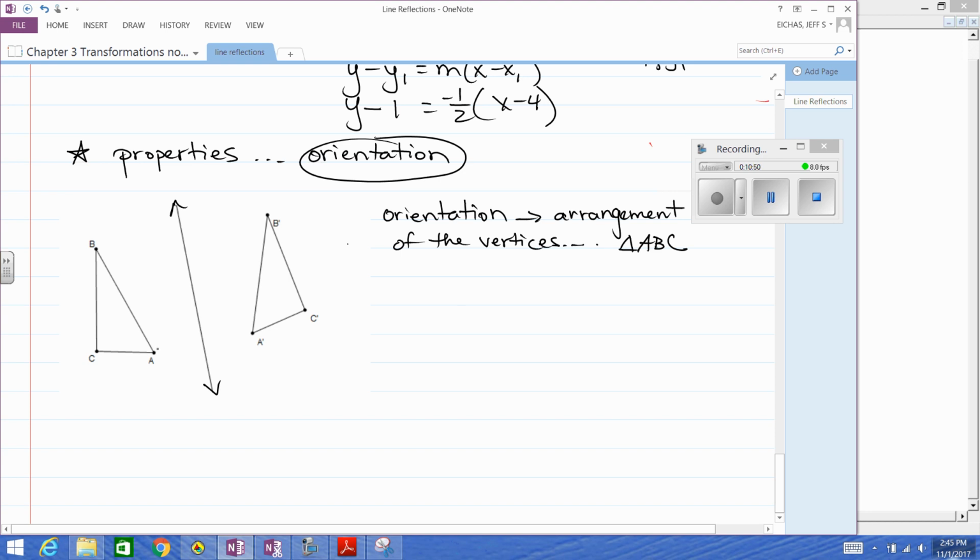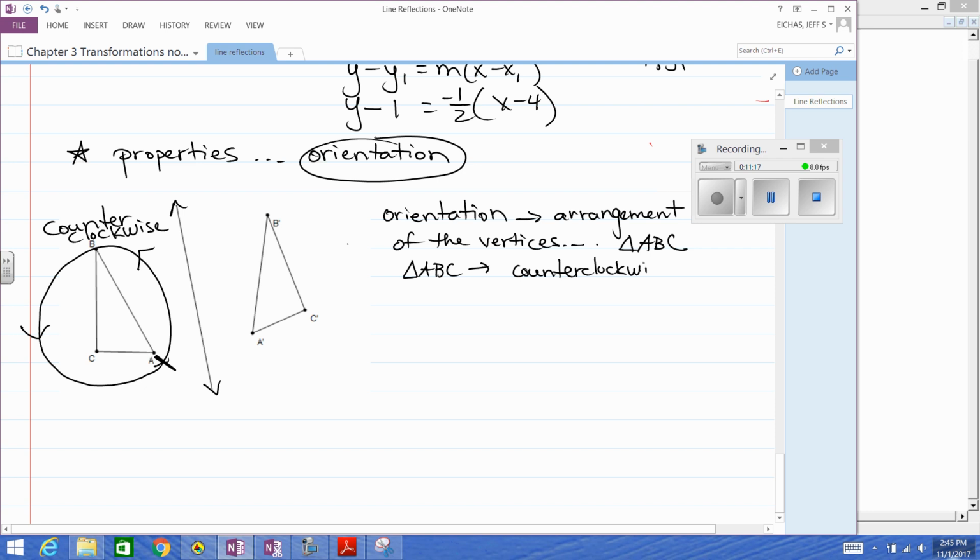Here's what I do. I start at A, I move to B, and then pass C and back around. If you start at A and move towards B, then C, and so forth, it either is clockwise or counterclockwise. This is counterclockwise. So that's what I call its orientation. So we're going to say the orientation of ABC is counterclockwise.